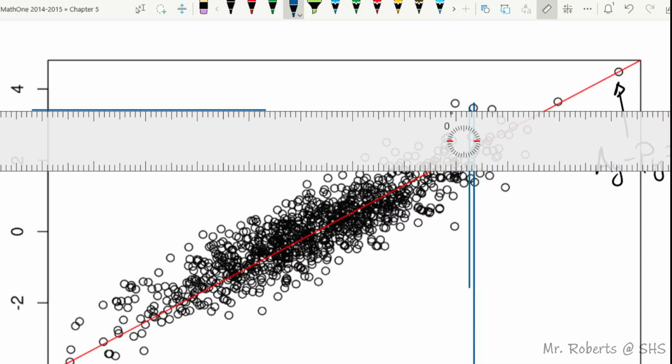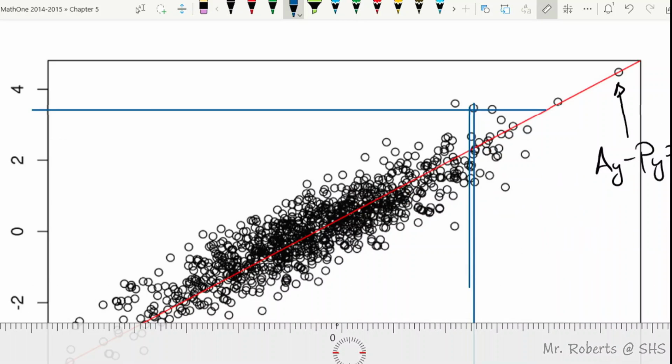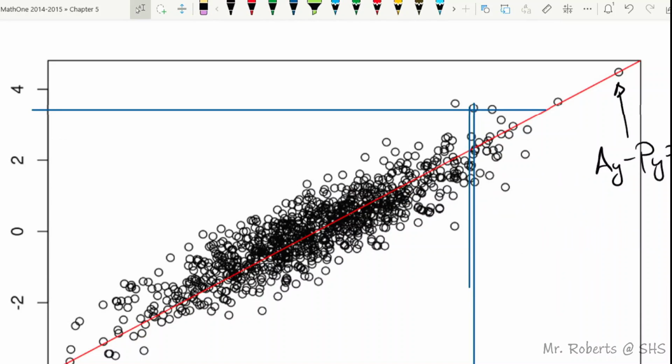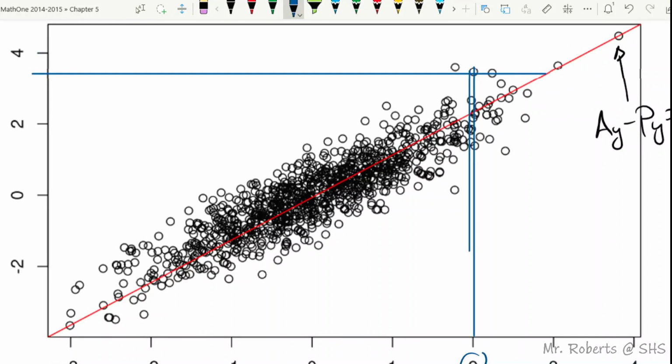I don't know what that is exactly. But you can see when X is about 2, here's Y is 2, here's Y is 3.5. Maybe we'll call this 3.6. Okay, so that's that data point. I'll write it down: 2 comma 3.6. When X is 2, Y is 3.6.